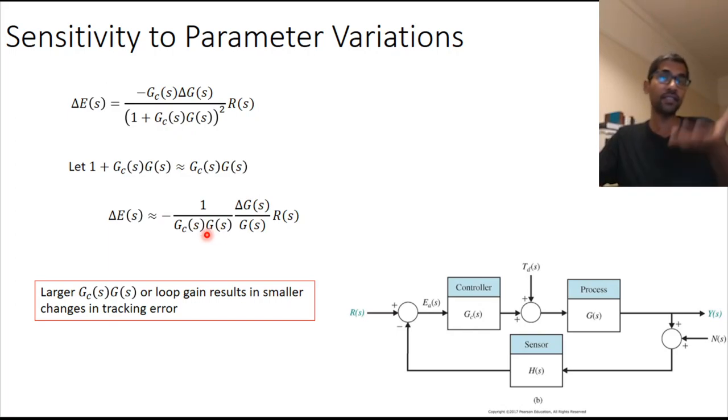If the loop gain is higher, the sensitivity of the error to the parameter change is going to be lower, right? A larger loop gain results in smaller changes in tracking error. So that's the advantage of having a large loop gain in your control system. This large loop gain essentially compensates for any changes in the process.